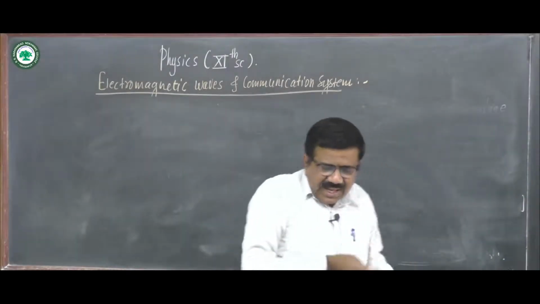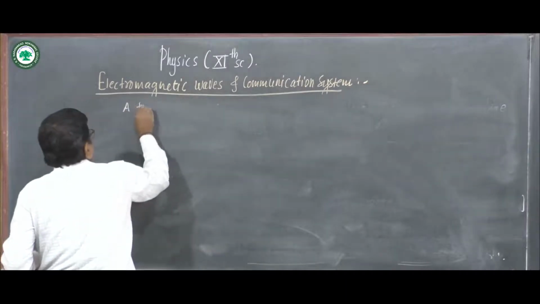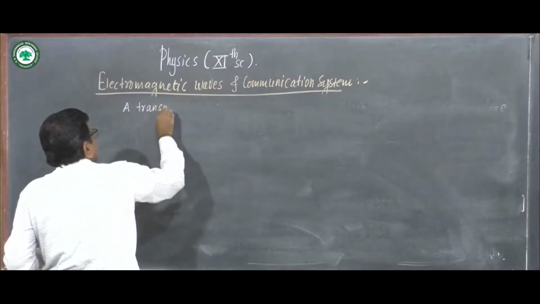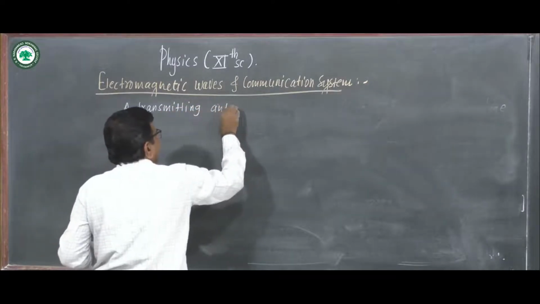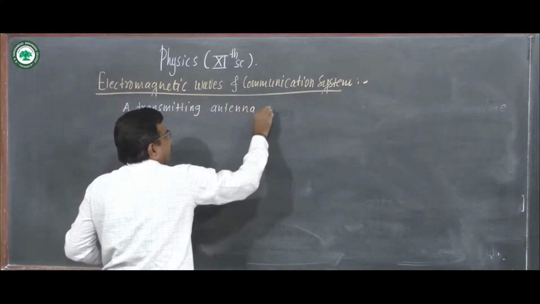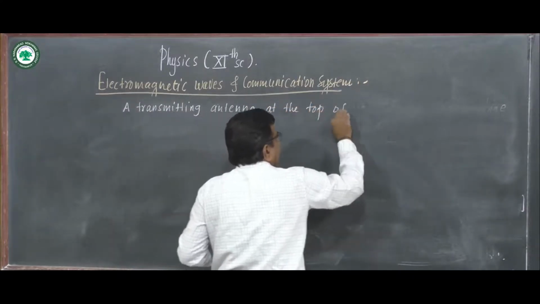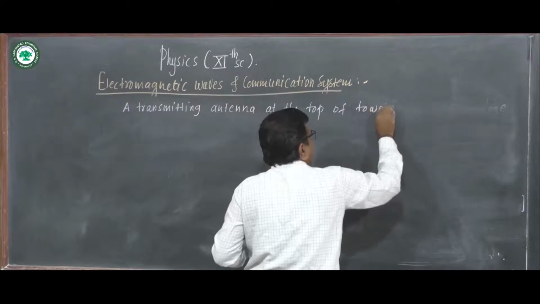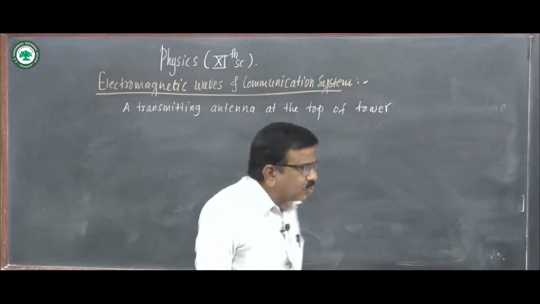A transmitting antenna at the top of tower has a height 32 meter.